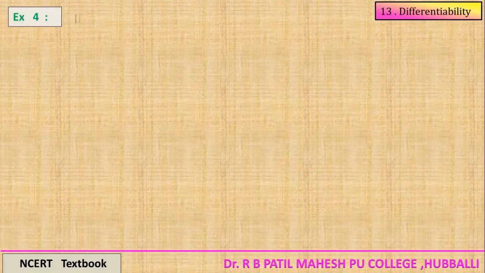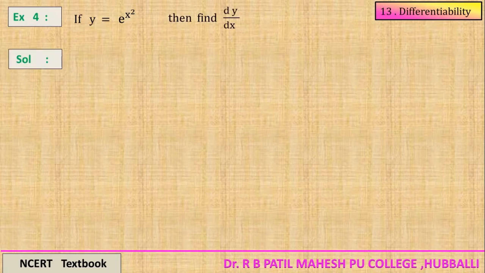Next example: if y is equal to e raised to x square, then find dy by dx. This is also a composite exponential function, a composite variable.